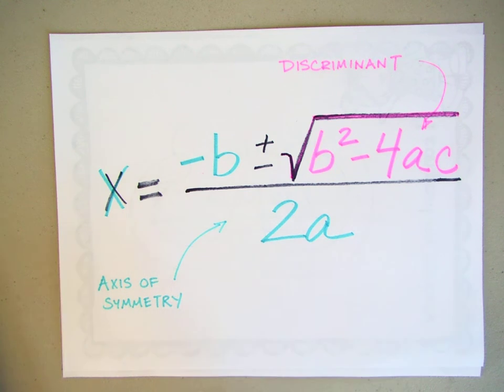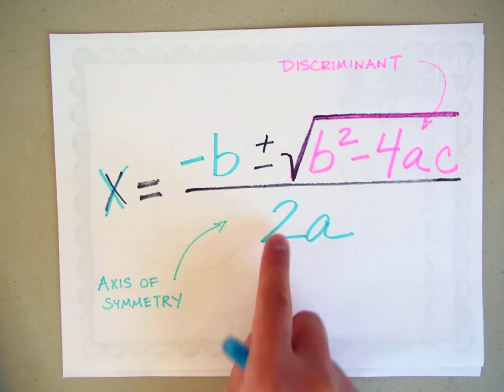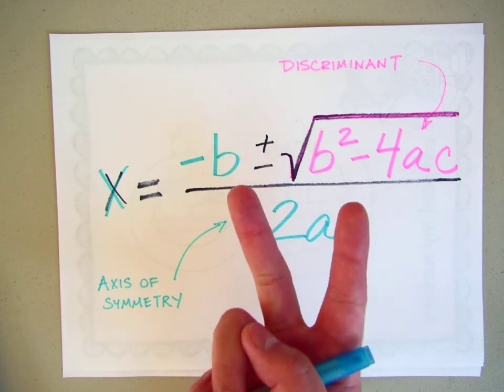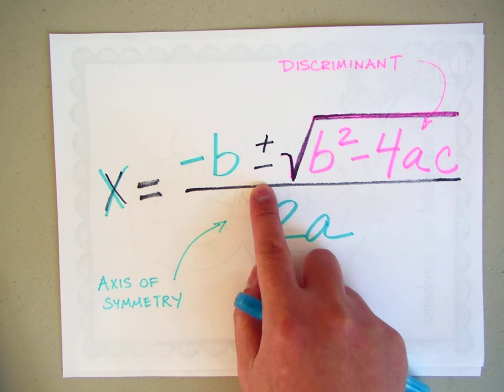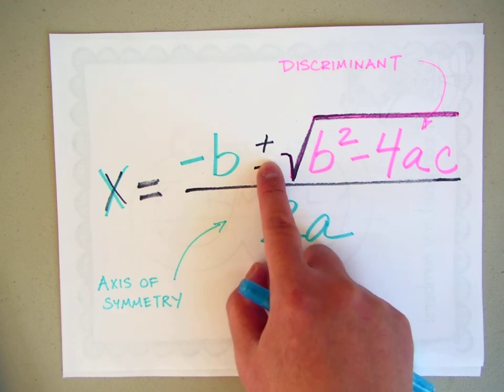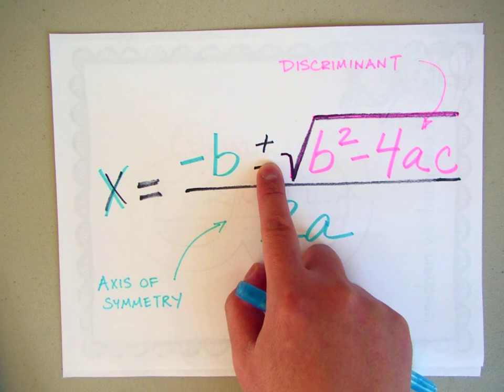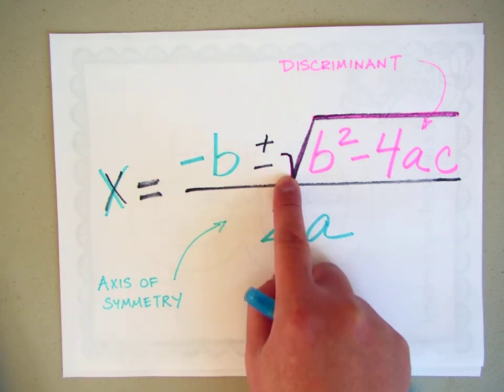Now, if you think about the symmetric attributes of a parabola, wherever the axis of symmetry is, there are going to be 2 sides of the parabola that are symmetric, the left side and the right side. And that's what this is here, right? The negative is to the left of it and the positive is to the right of it. So not only do we have the axis of symmetry, but we have 2 points, one to the left and one to the right of the axis of symmetry.